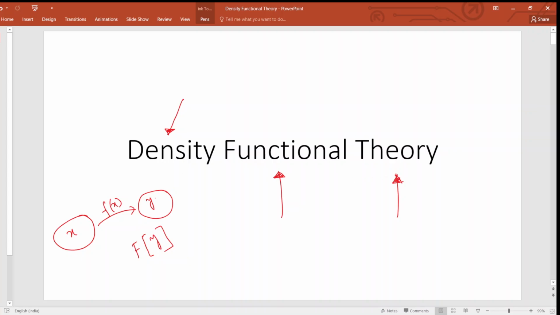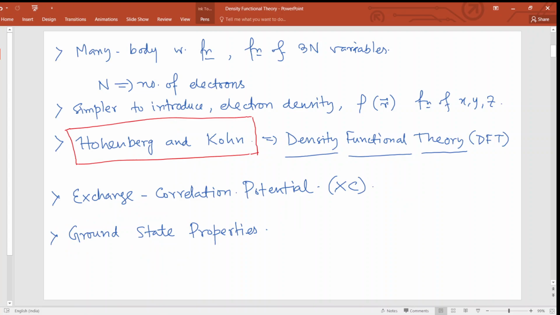The major part here, why we need such a thing, is that whenever we are talking about a many body system, typically an n electron system, there will be n number of electrons, and each electron has 3 degrees of freedom. As a result, you will have 3n total degrees of freedom. Or you can say that this many body wave function will be a function of 3n variables.